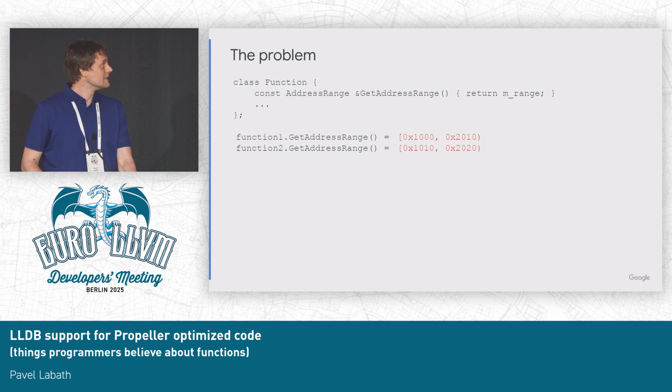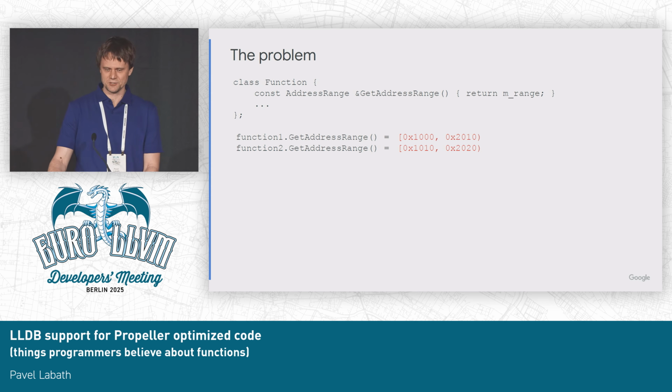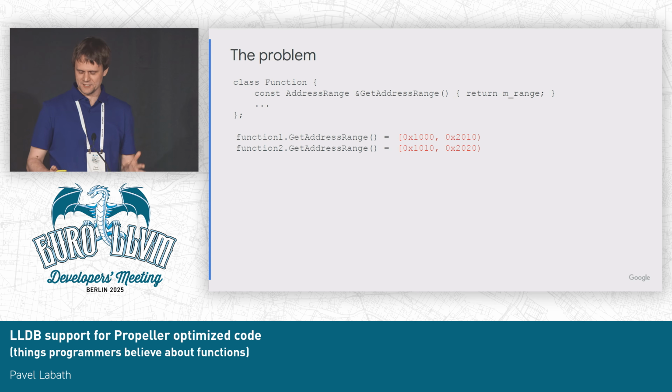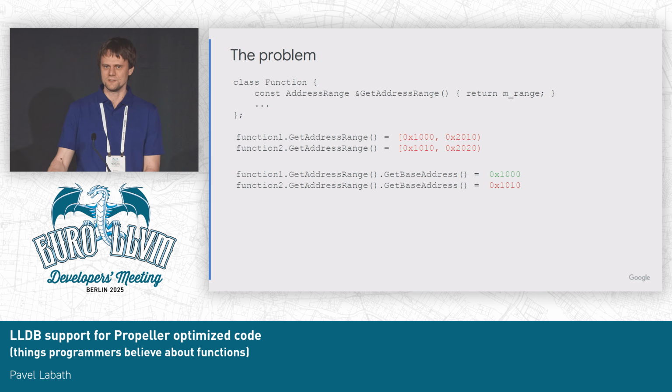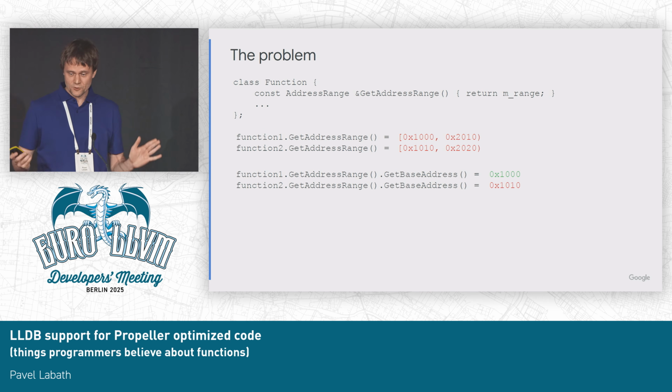Also, the thing that's not visible in this slide is that there isn't actually an API to get the address of the function itself, of its entry point. The assumption was that you can just take the address range, take its base address, and this would give you the address of the function. And of course, assumptions like this propagate throughout all of the code base.